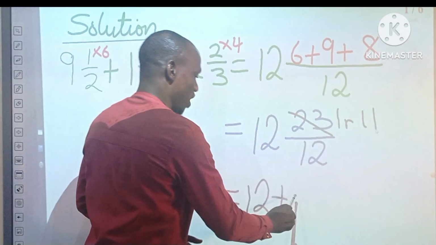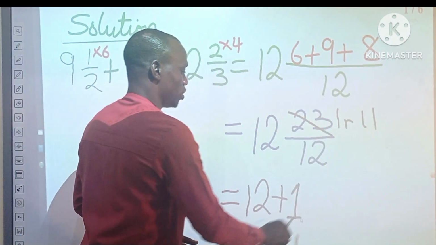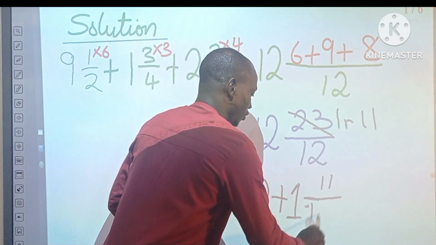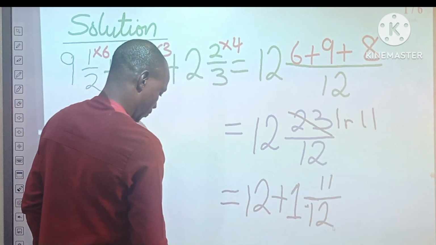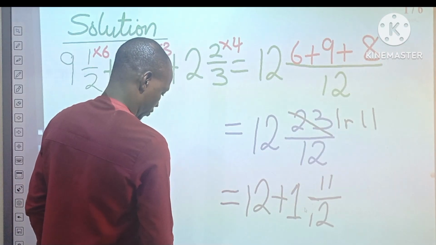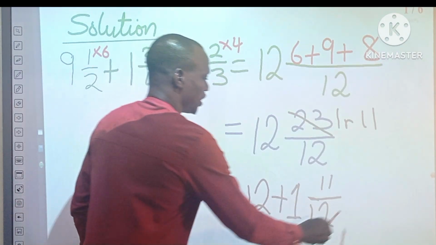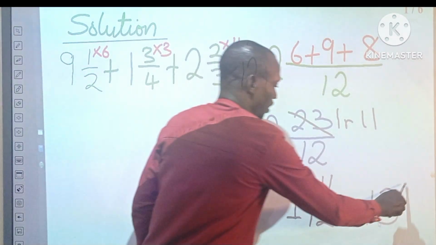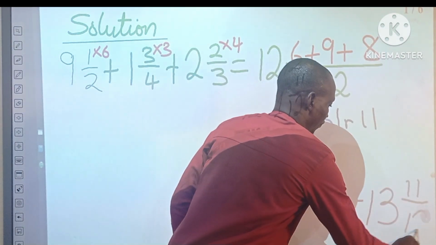So that 1, we add it to our 12 whole number. And the remainder, which is 11 over what? 12. This simply gives us 13 whole number 11 over 12.